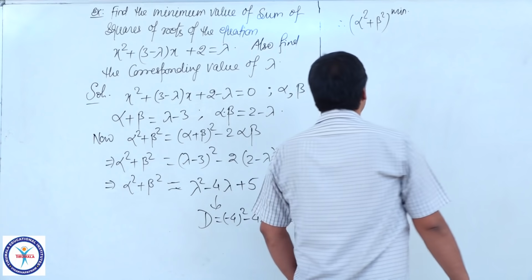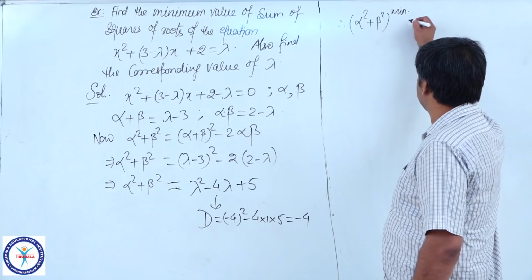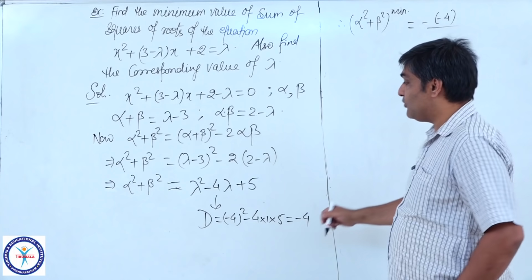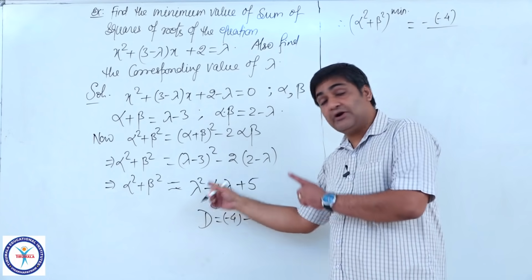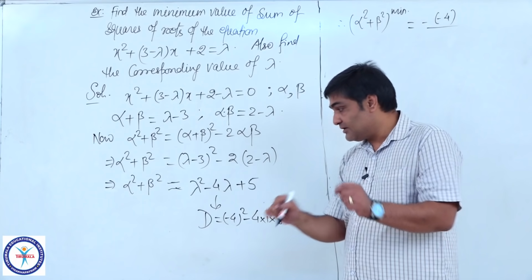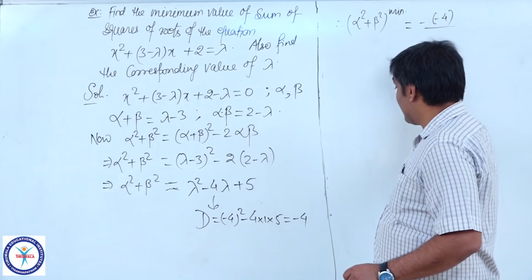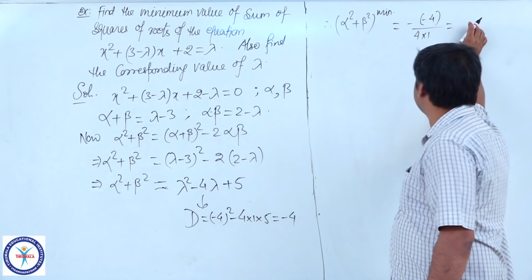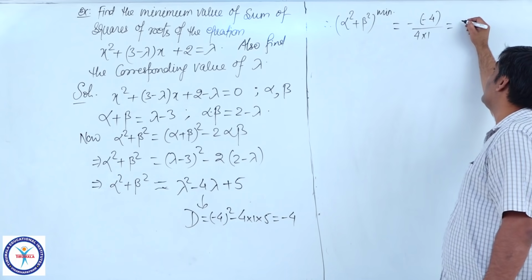D is minus 4. So it is minus D by 4a, where a is the coefficient of lambda square. Minus D by 4a is 1.